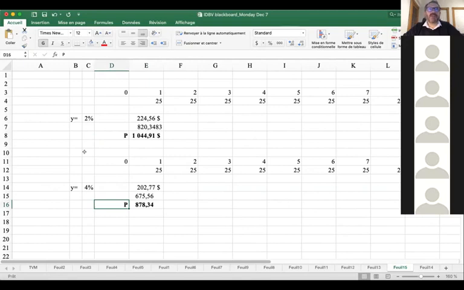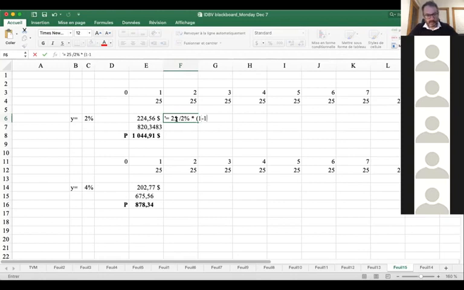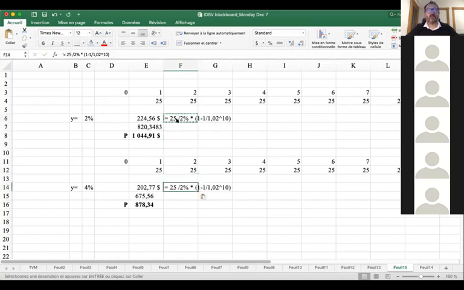So we can see on the screen. Here it's 25 divided by 2% times 1 minus 1 divided by 1.02 exponent 10. So that's for the coupons.